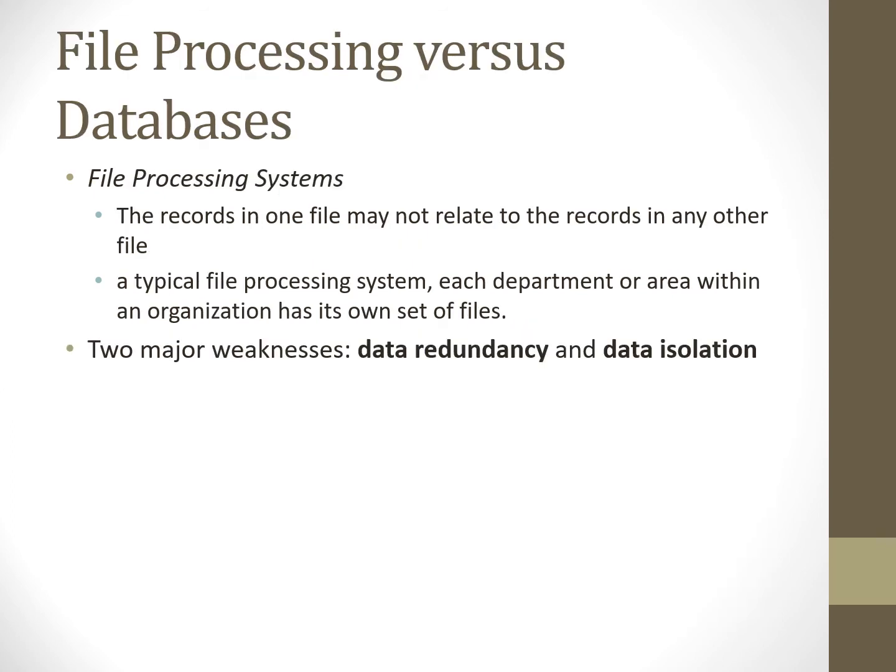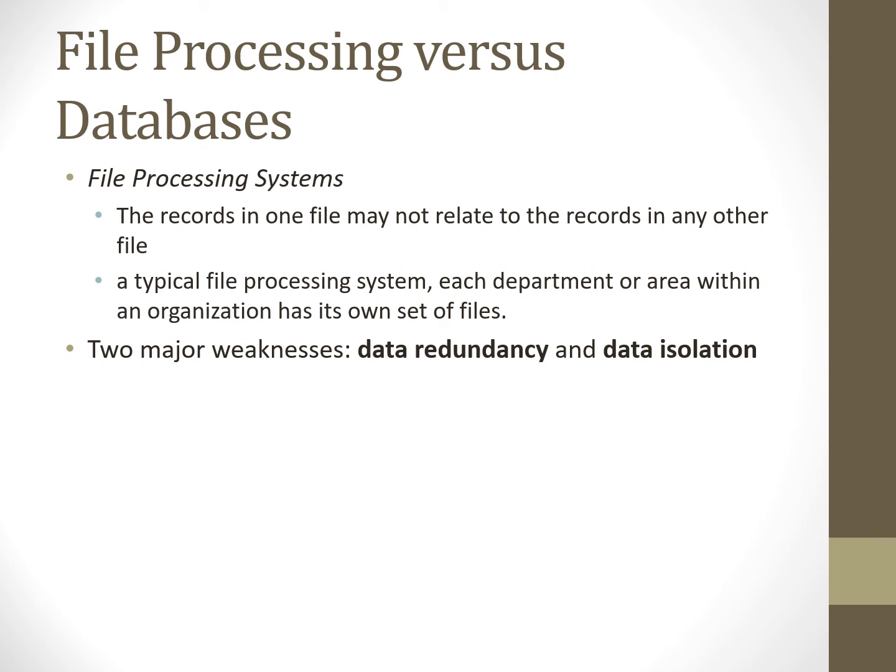File processing versus databases. In file processing systems, the records in one file may not relate to other records in other files. This was the older version, or how data storage was done in the past.